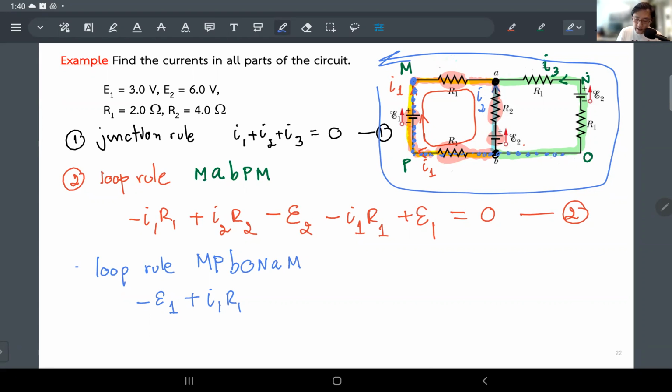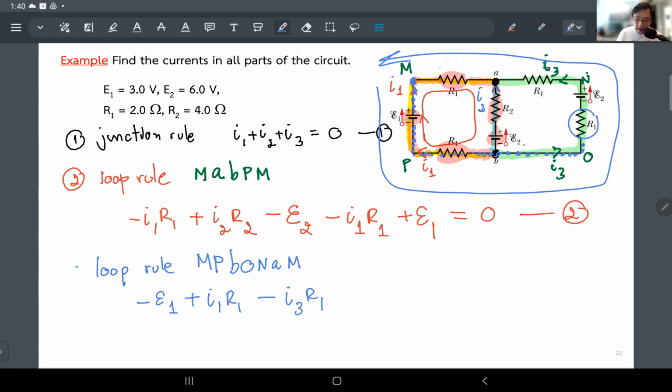Nothing is going on. Now I'm arriving at point O. Now I see R1 over here. But at this R1, I have the current I3 going through. I am moving upward in my analysis, and the current is flowing in the same direction. So it means I'm going in the direction of lower potential. So at this point, I'm going to get a lower potential, negative sign, I3 R1.